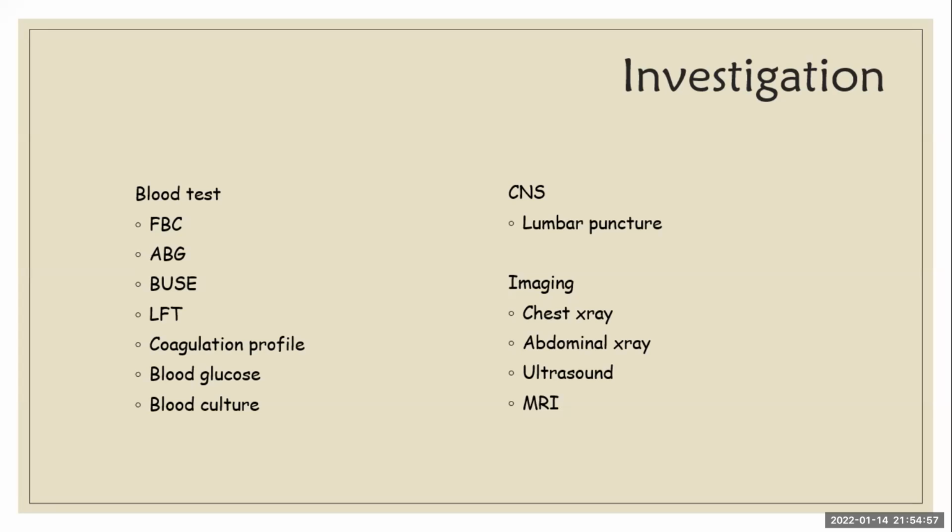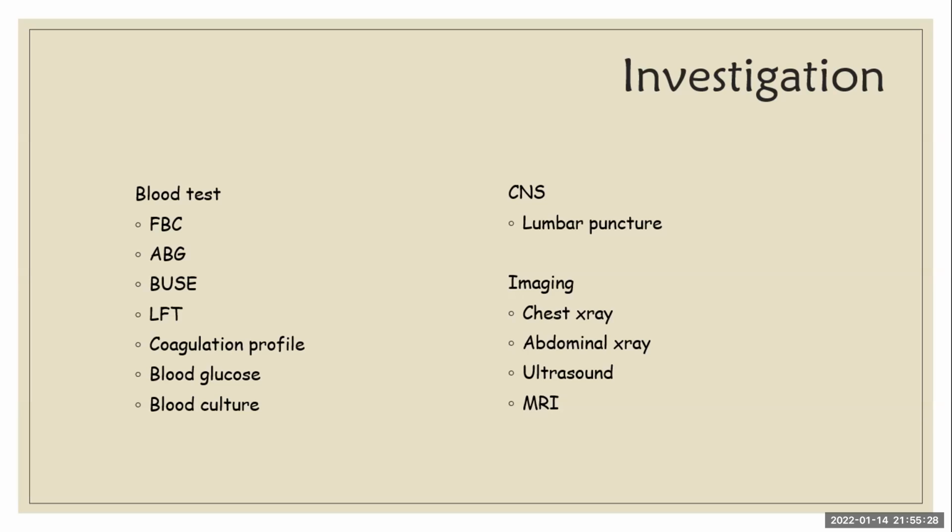Coagulation profile can be done, as hypoxic ischemic encephalopathy can be complicated with coagulopathy. For neonates suspected to have hypoglycemia, we can do blood glucose, and we can do blood culture to find the causative agent for the infection.